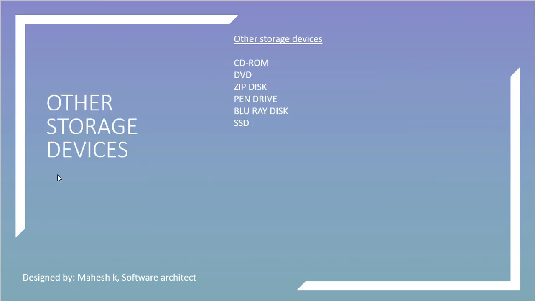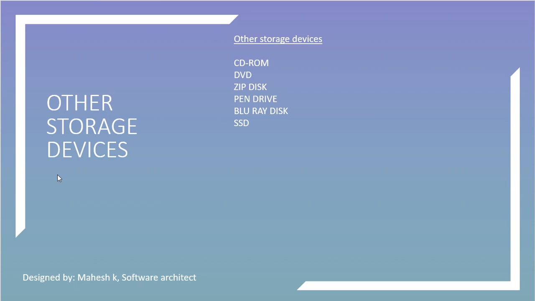We also have many newer storage devices that came recently: CD-ROM, DVD, zip disk, pen drive, Blu-ray disc, and SSD. With a CD-ROM you can write once, and then it keeps the data for the future, but you cannot rewrite it. But with a DVD you can reread and rewrite multiple times. Zip disks and pen drives are removable secondary devices that you can use to store, delete and reuse, same as Blu-ray disc.